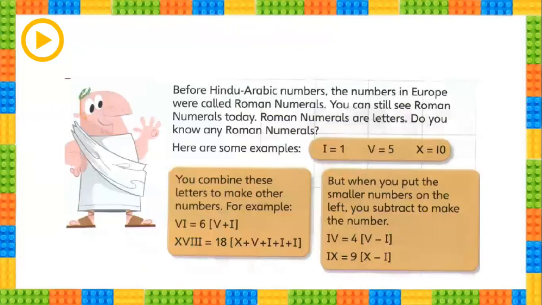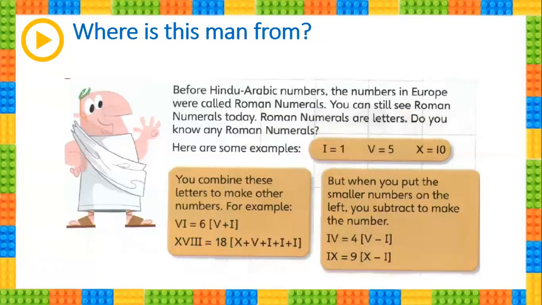Now let's look at this picture and firstly, where is this man from? We can have a look at his clothes. Yes, he is from ancient Rome, it means old Rome. But before Hindu Arabic numbers, the numbers in Europe were called Roman numerals.